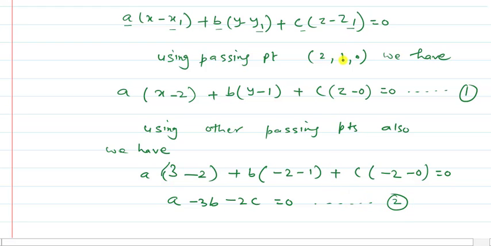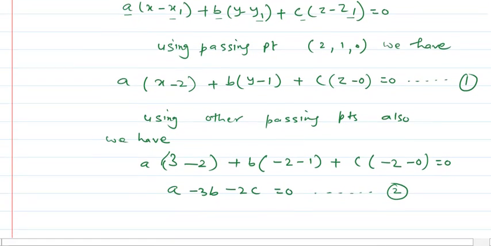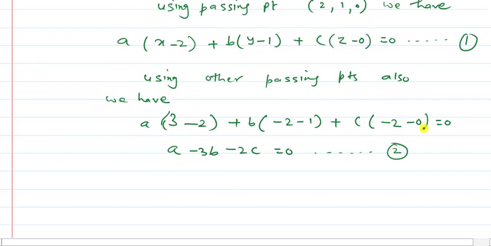Now let us use third point, and third point is (3, 1, 7). And this (3, 1, 7) again will be used in place of x, y, z. So let me replace in equation number 1 x, y, z by 3, 1, 7.